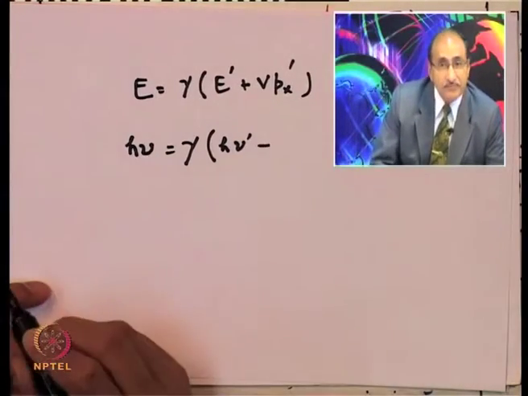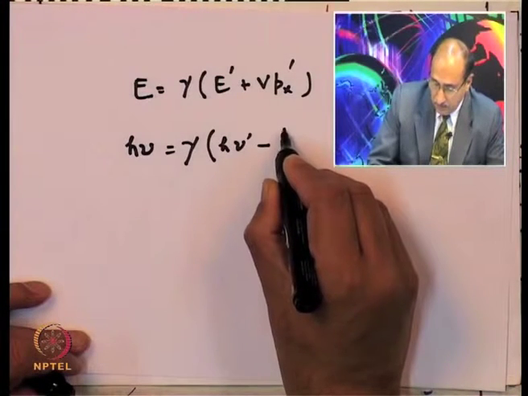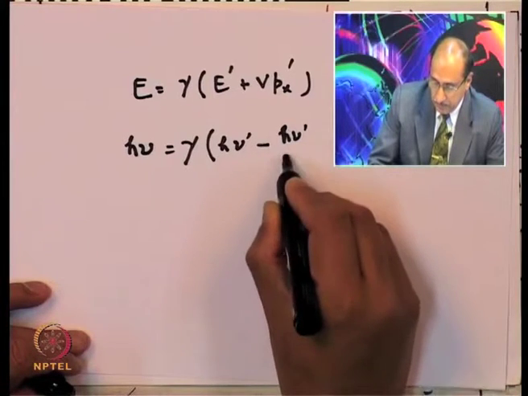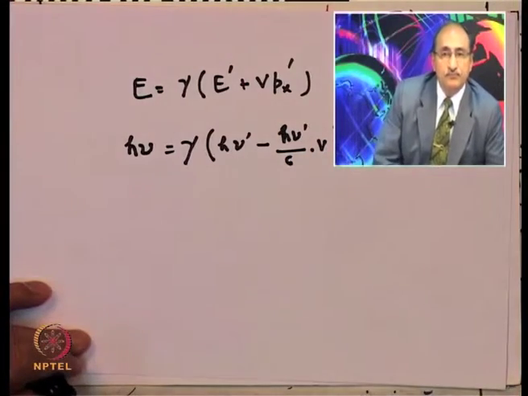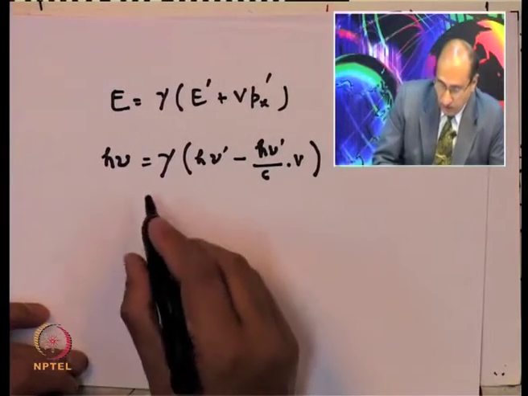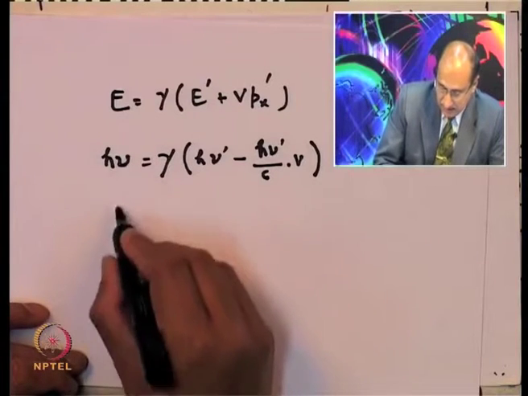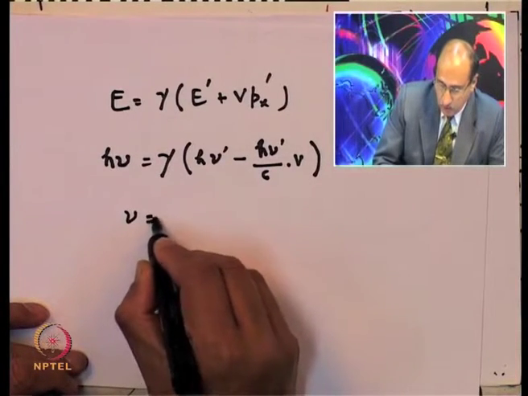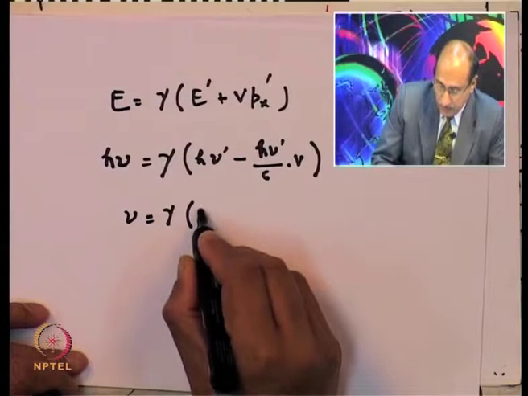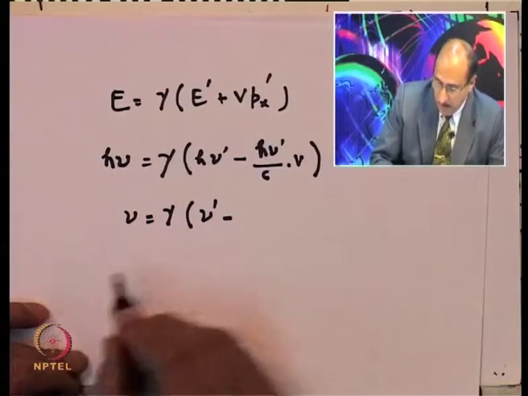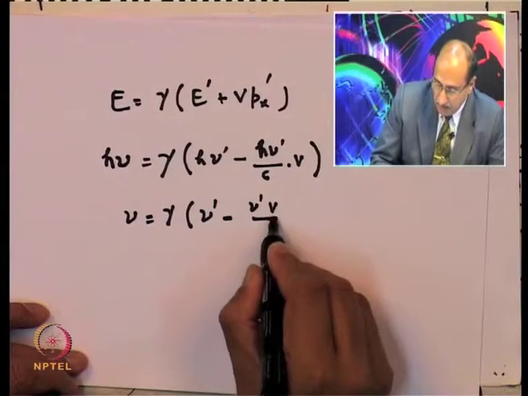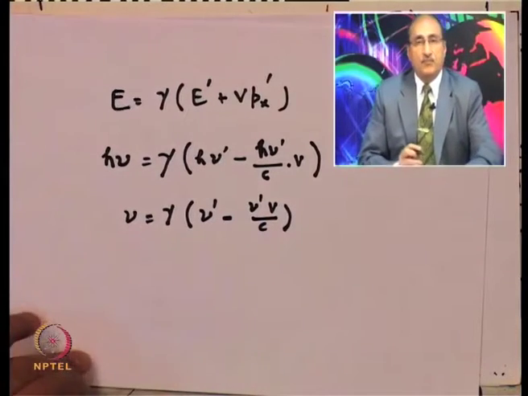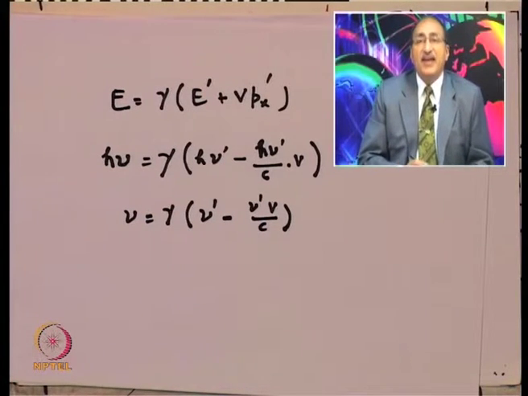So, I will put a negative sign. Px prime will be given by h nu prime by C multiplied by V. Therefore, if I cancel h, I will get nu is equal to gamma times nu prime minus nu prime V by C. So, this is what I am writing in the next transparency.